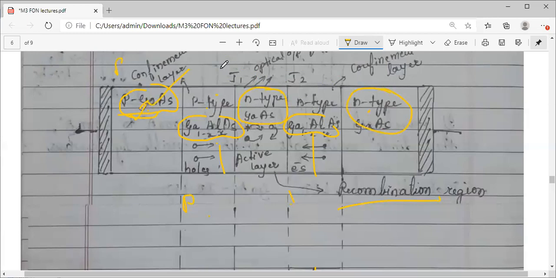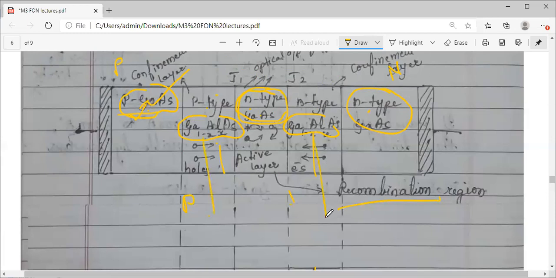So here this is your P type, this is the N type. However, the active layer can be P type or N type. It depends again on the application. So the choosing of this active layer, it can be either P type or N type.